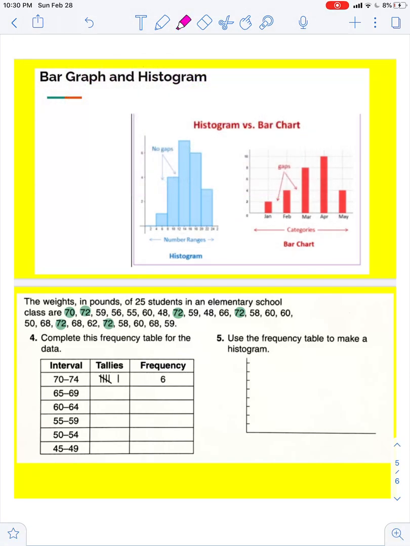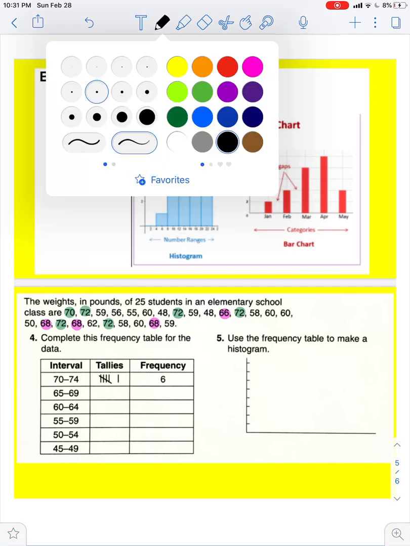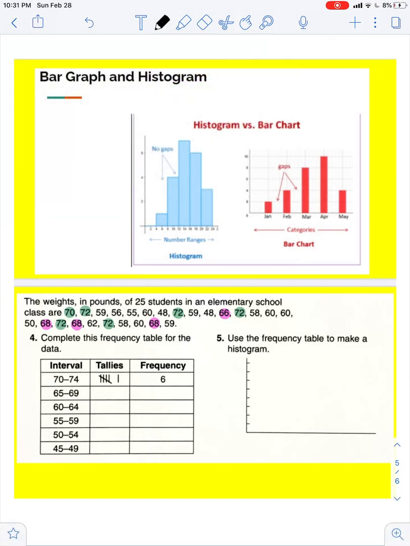Now we'll do 65 through 69. So we've got 1, 2, 3, 4. I'm not really going to worry about the tallies since I'm doing it a different way, but our frequency there is 4.